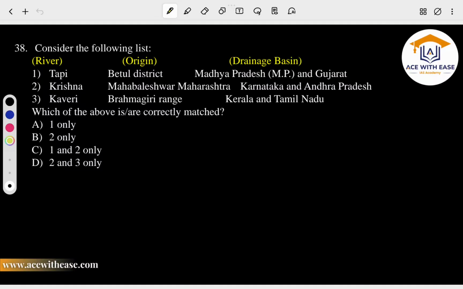Yes, this is also correctly matched. Kaveri is originating from Brahmagiri range. Yes. And drainage basin Kerala, Tamil Nadu only? No, Kerala, Tamil Nadu, Karnataka. It originates from Karnataka, so the drainage basin should include Karnataka. So the third option is wrong. So here 1 and 2 is the correct option.